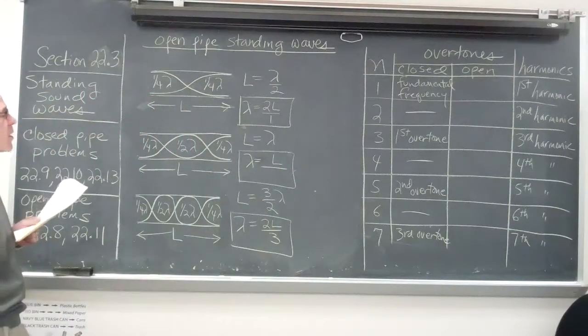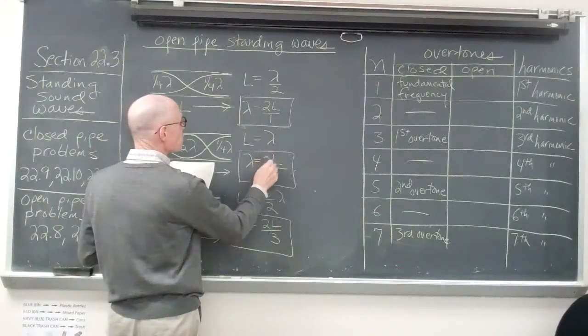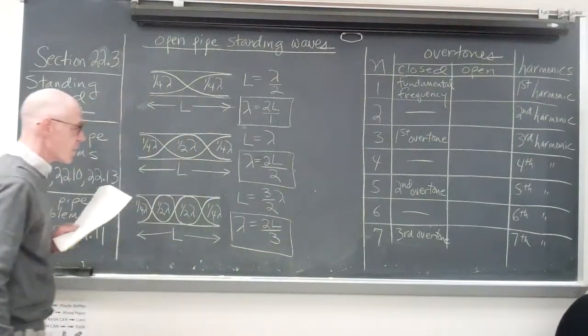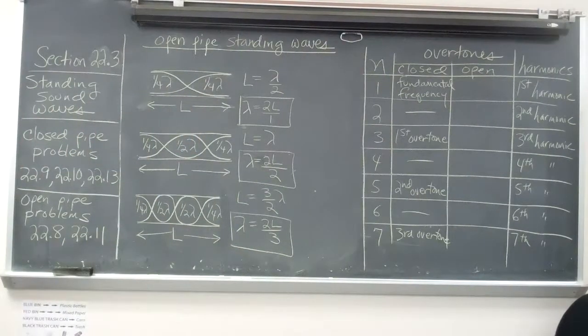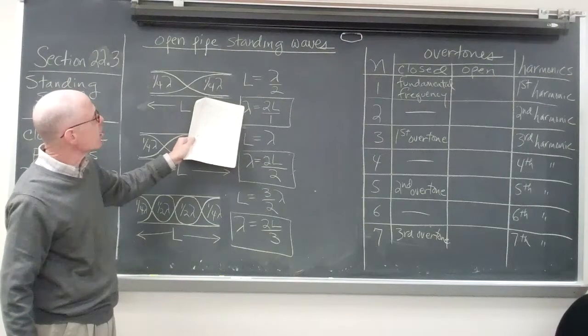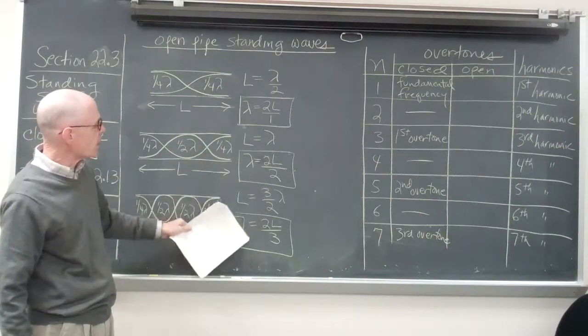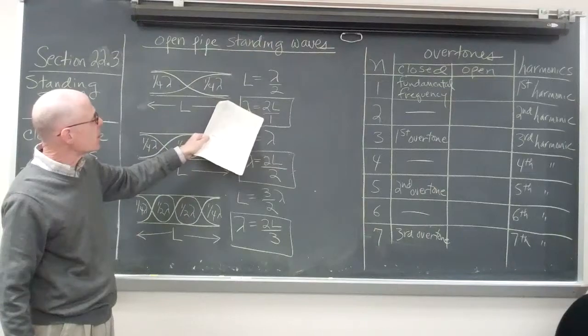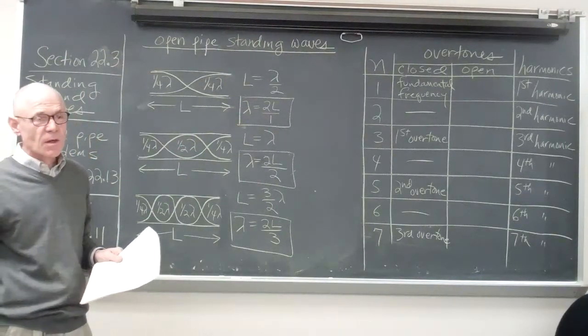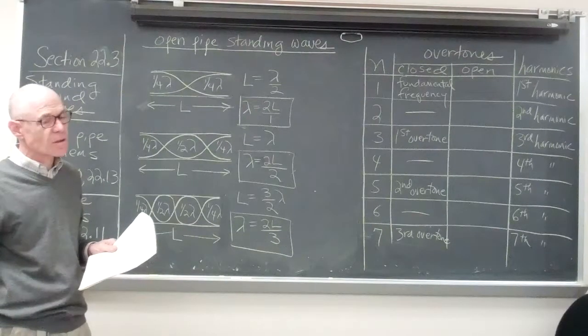For the second standing wave, I'm going to place a 2 in the numerator and also a 2 in the denominator without changing the value of that expression. So you can see that we can develop a general expression. We have 2L in the numerator and the denominator is 1, 2, 3. If we continued and sketched the next standing wave, then you'd find a 4.